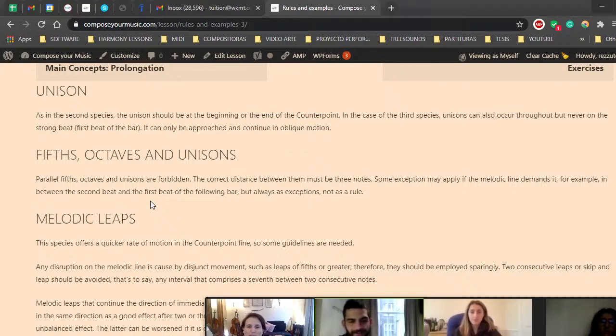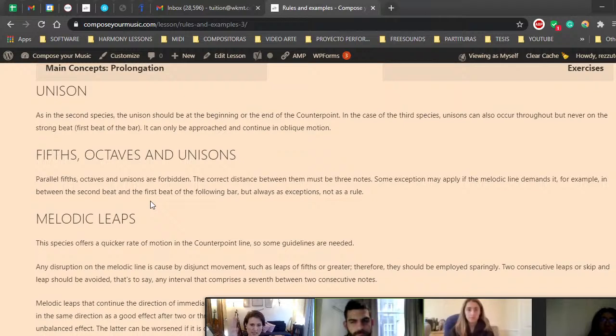Fifths, octaves and unisons. Parallel fifths, octaves, and unisons are forbidden. The correct distance between them must be 3 notes between them. Some exception may apply if the melodic line demands it, for example, in between the second beat and the first beat of the following bar, but always as exceptions, not a rule.